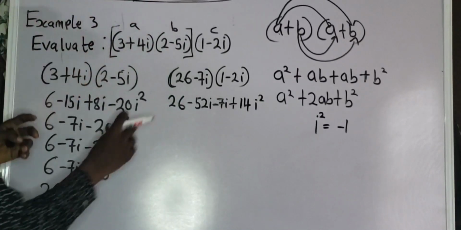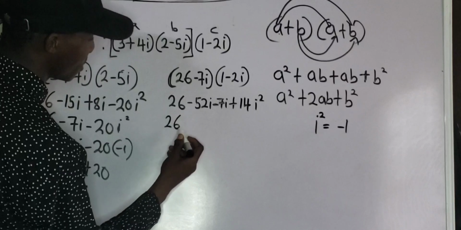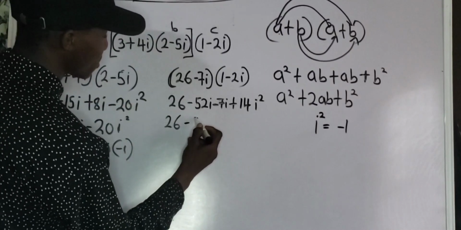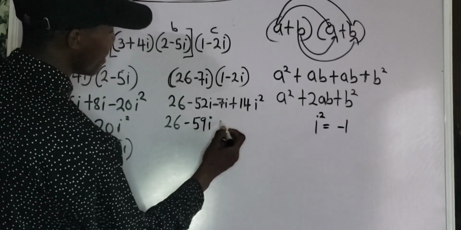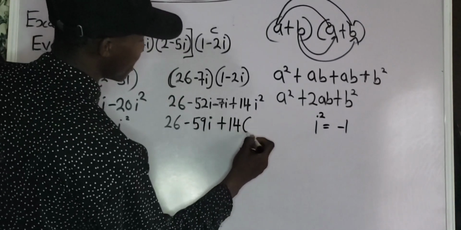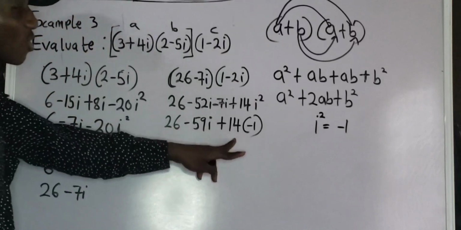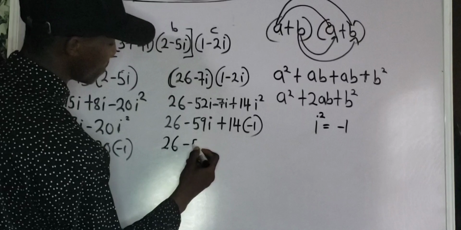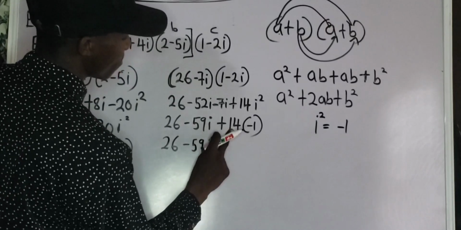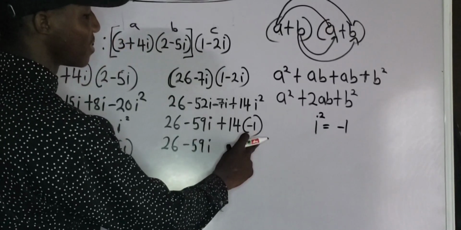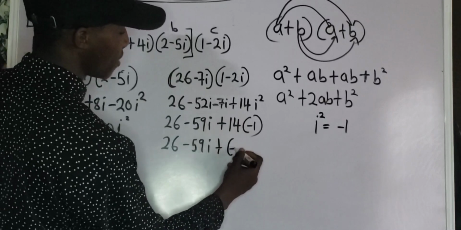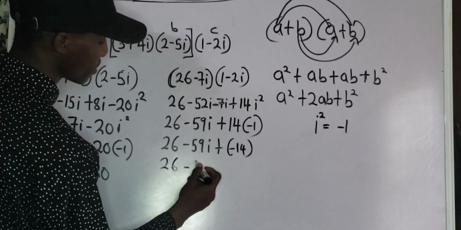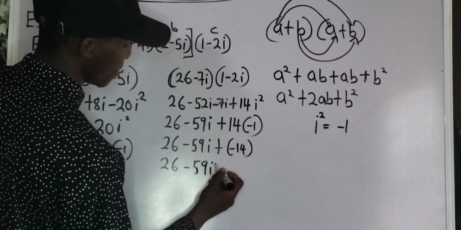So now let us proceed. 26 minus 52i minus 7i. We are going to have minus 59i plus 14 into bracket minus 1, because i squared is minus 1. So 26 minus 59i plus 14 multiplied by minus 1, that is minus 14.